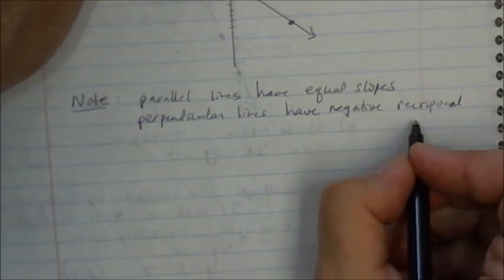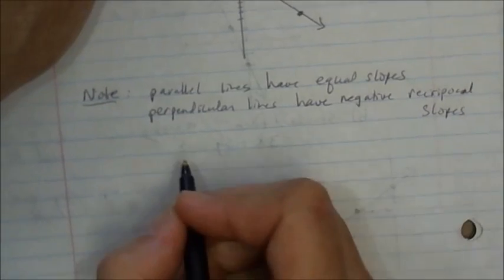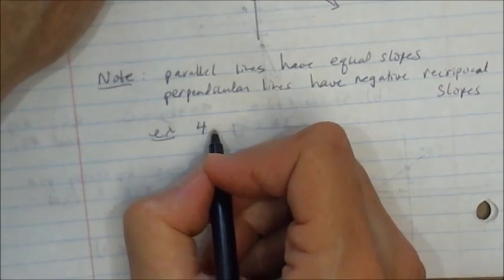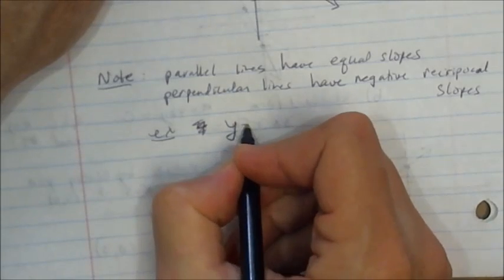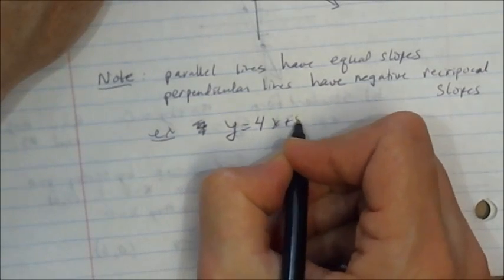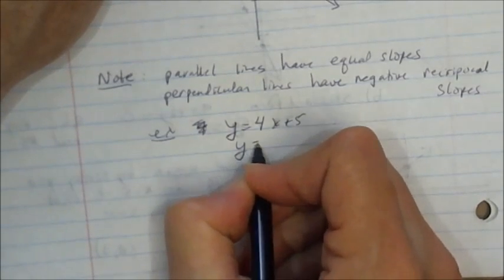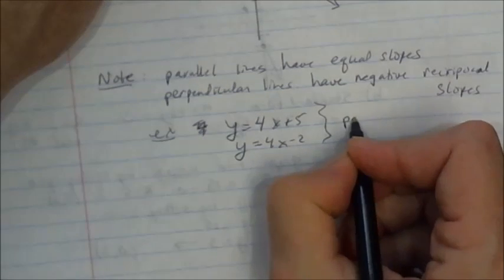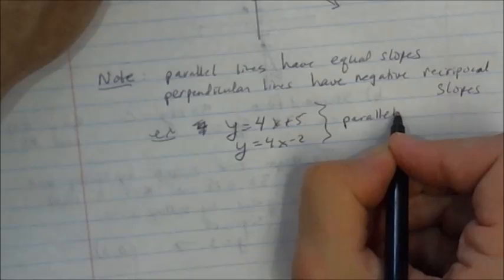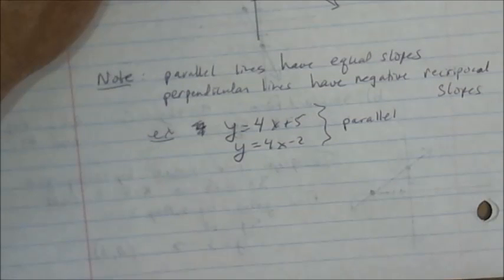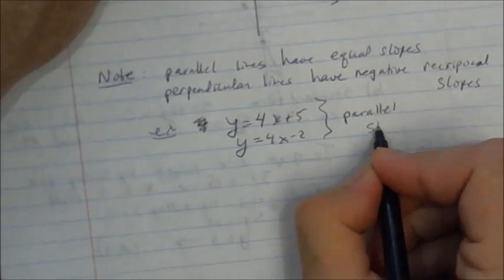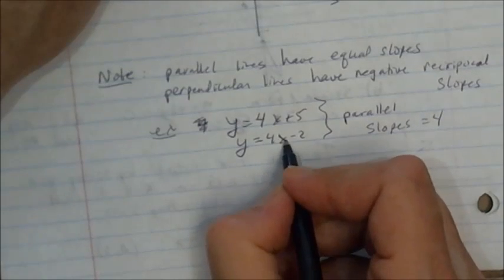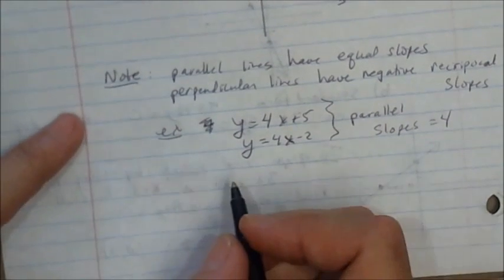For example, y equals 4x plus 5 and y equals 4x minus 2. Those two are parallel because the slopes are 4 and they're equal to each other. They just have different y-intercepts.